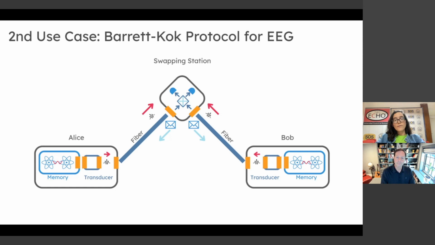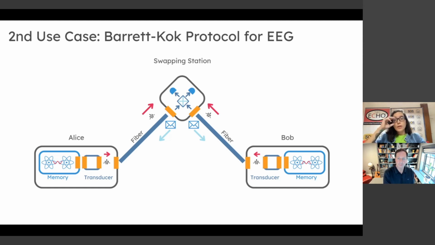But for the purpose of showcasing the usefulness of the visualizer when developing protocols, we're going to be using a more complex protocol this time. We're going to be using the Barrett-Koch protocol. And then we're going to be seeing how visualization actually helps us understand what's going on when we have more complex topologies and more complex simulations.